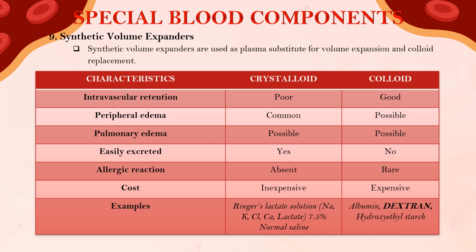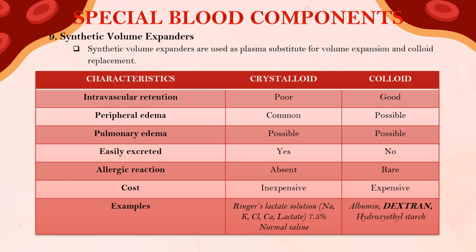However, as opposed to colloid, crystalloid types are easily excreted from the system. In terms of allergic reactions, crystalloid do not exhibit occurrence of allergic reactions, while colloid types may exhibit them only in rare cases. As for the costing, crystalloids are cheaper compared to the colloid types.